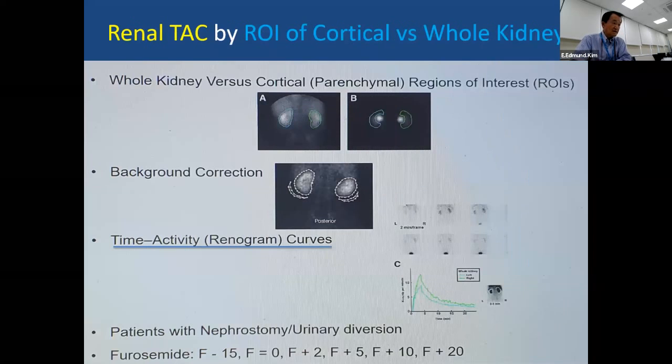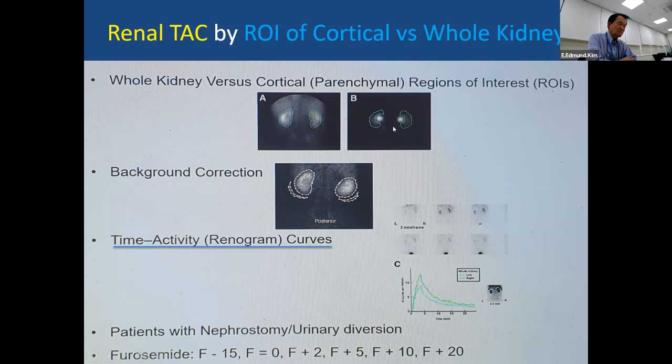So there have been lots of studies and arguments about the outlining of the area of interest. Is it the whole kidney or cortex? Ideally only cortex to evaluate renal function. You have to at least exclude the renal pelvises, because renal pelvises, as I say, UP junction is a hump.